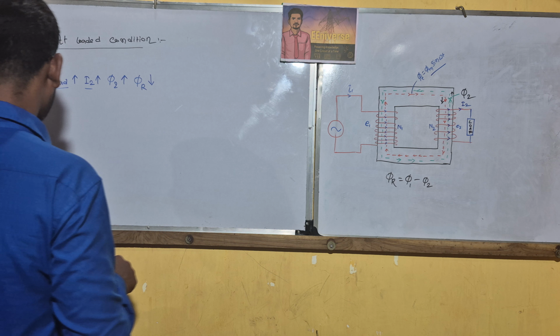That is the secondary current with respect to the primary side. So I2 dash is the secondary current with respect to the primary side.